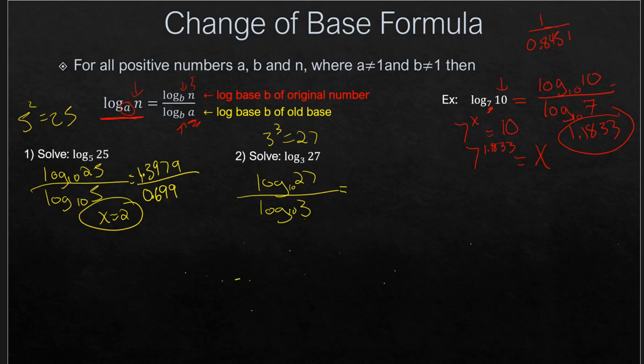The log of 27 is 1.4314. And on the bottom, the log of 3 is 0.4771. Divide that, 1.4314 divided by 0.4771, and I get 3.0002, yada yada. So the answer is going to be 3. Because we're rounding, it's not exact. And you guys can try the next one. Pause the video, give it a try.